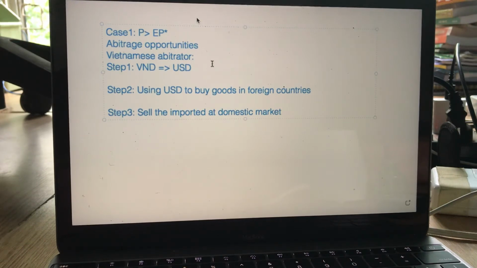Now we analyze when the arbitrator takes place. So when the arbitrator actually runs this opportunity, runs this business, how does it affect the macroeconomics?